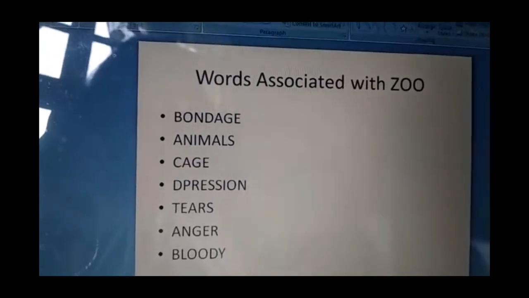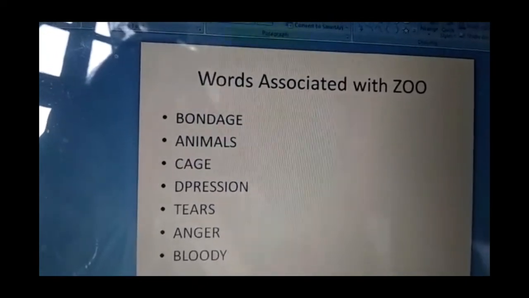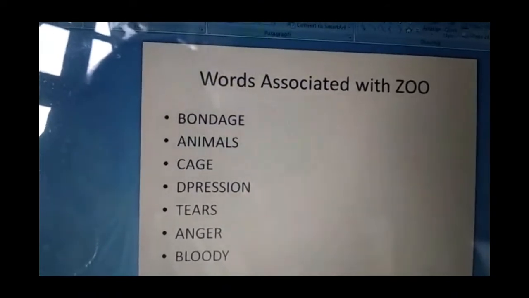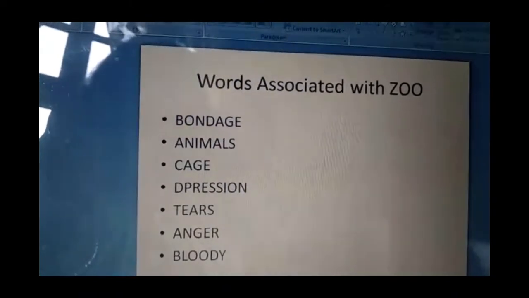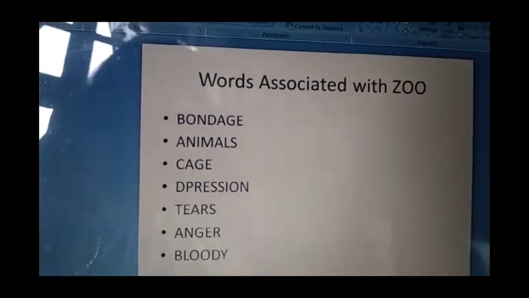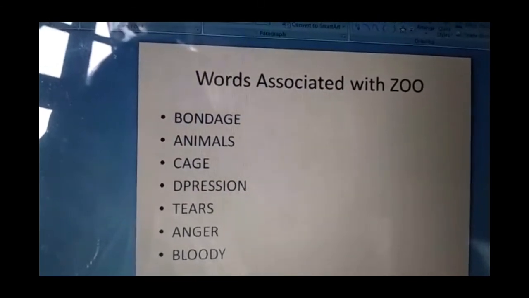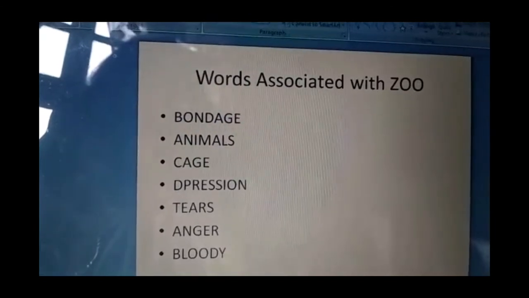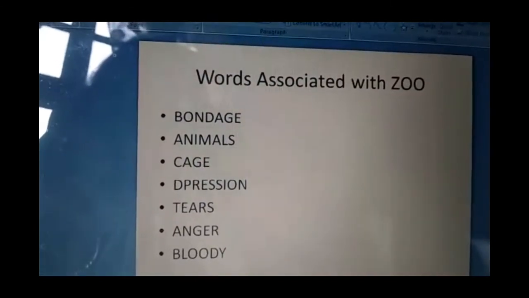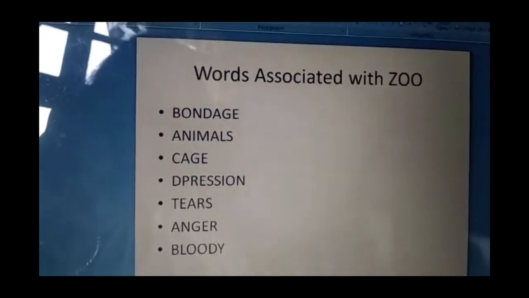D-E-P-R-E-S-S-I-O-N, depression. So, if you are in bondage, if you are treated like an animal, if you are in a cage, you are likely to undergo depression.